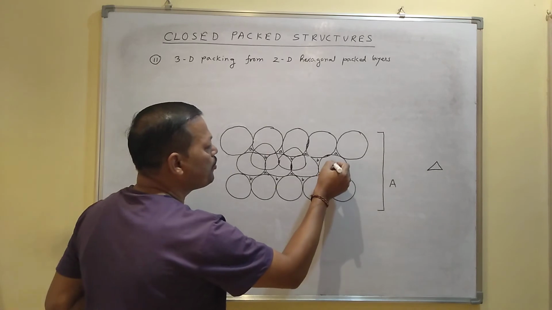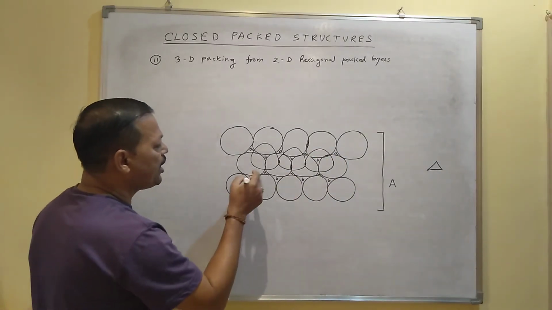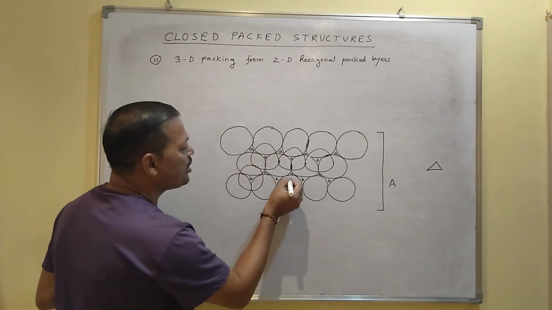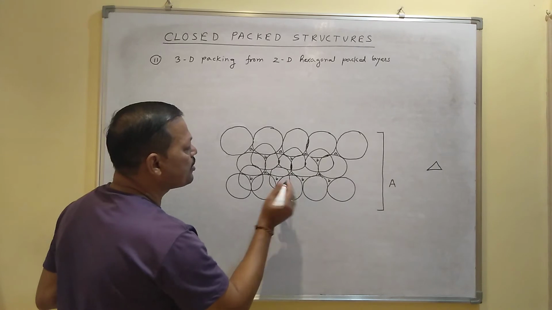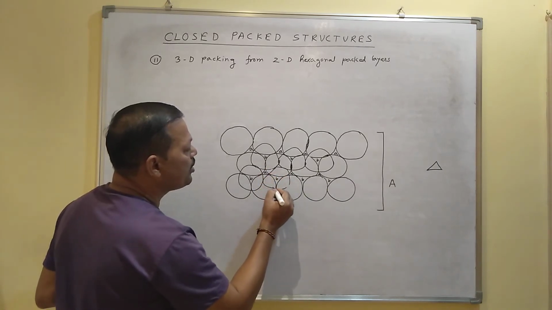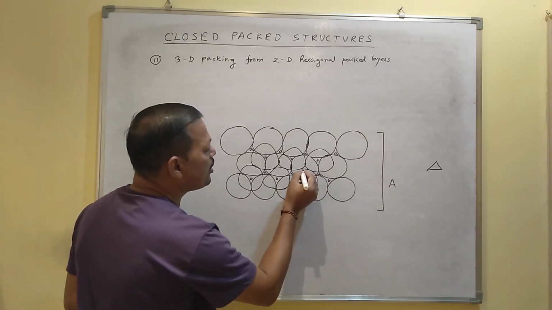This is another void B, we will place one particle like this. This is another void B, we will place one particle like this. This is another void B, we will place one like this. Particles should be attached to one another. This is another void B, we will place one particle like this.